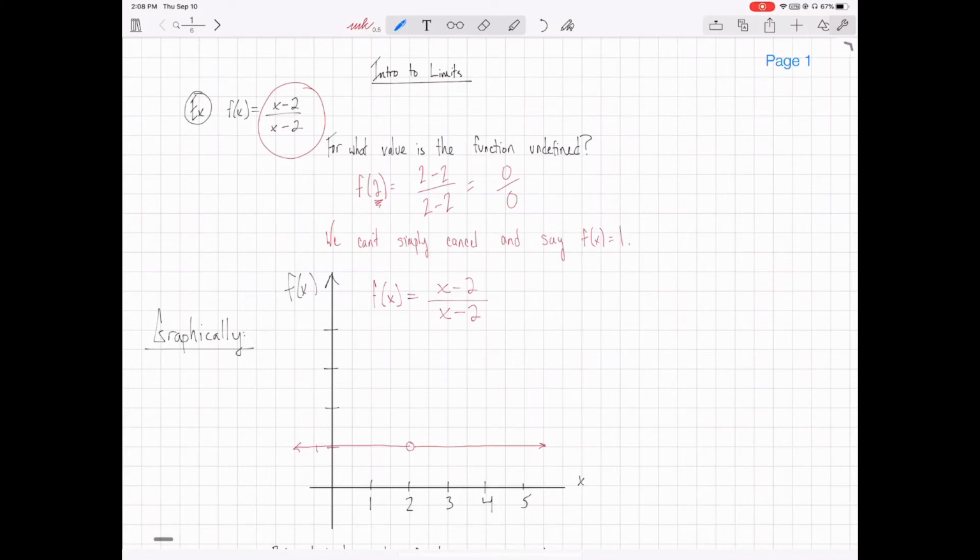So here's something else. I'm going to put a different color here. So I'll write that out. The function has a hole at x equals 2. And in this case, we call this a removable discontinuity.